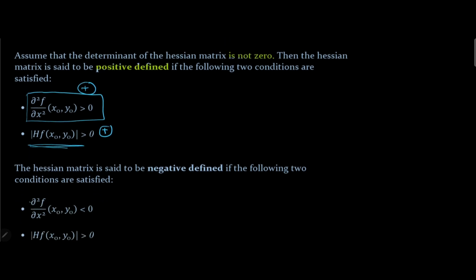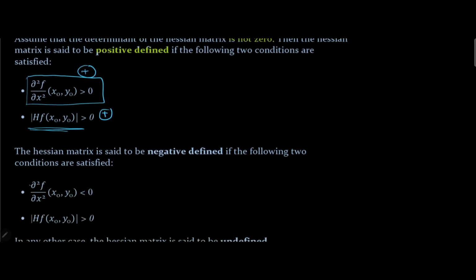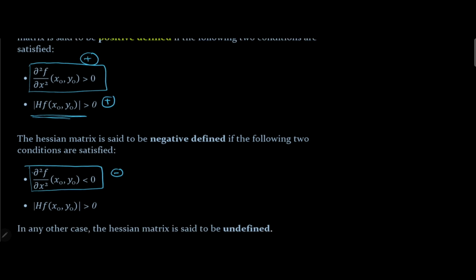And when we have the Hessian matrix negative, then the Hessian matrix is negative when the second order partial derivative according to x twice is negative. That makes sense. But now something rather unexpected, that the determinant of the Hessian matrix must be positive.